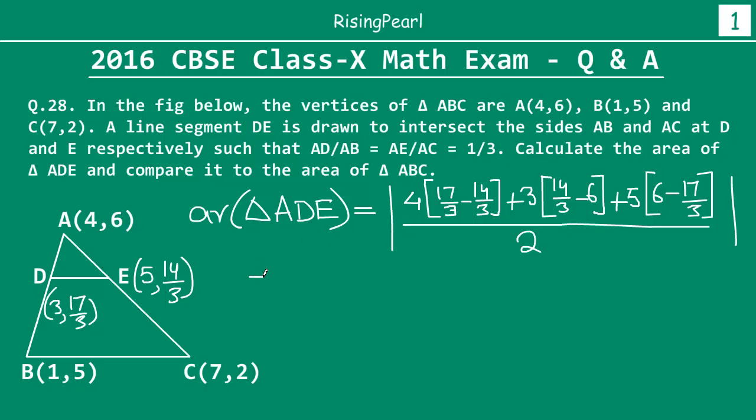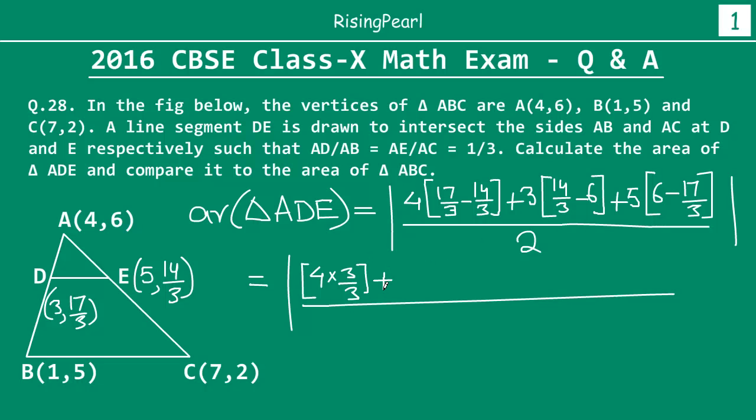So let's solve this step by step, making sure we don't make any calculation mistakes. This is for the absolute value, right? For the first term, both denominators are 3, so 4 multiplied by 17 minus 14 over 3, which is 3 by 3, just 1. This is the first term.